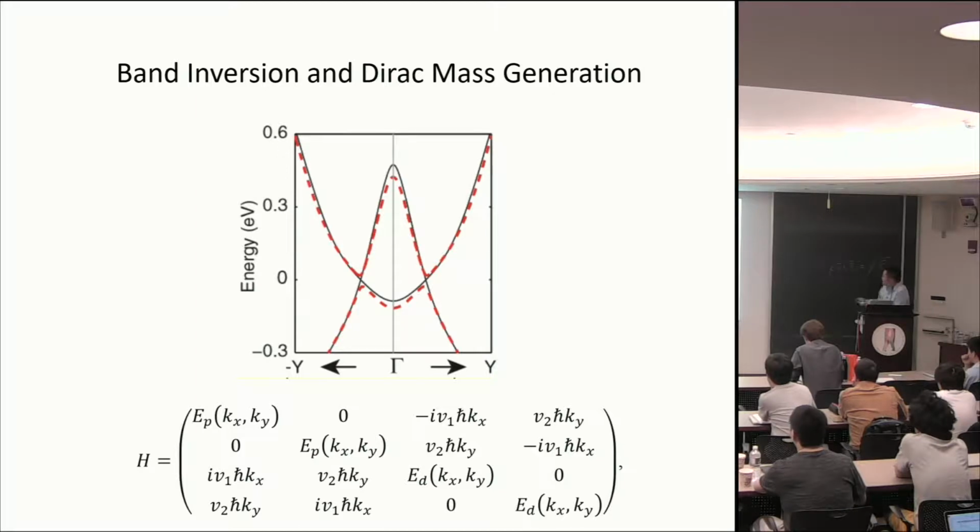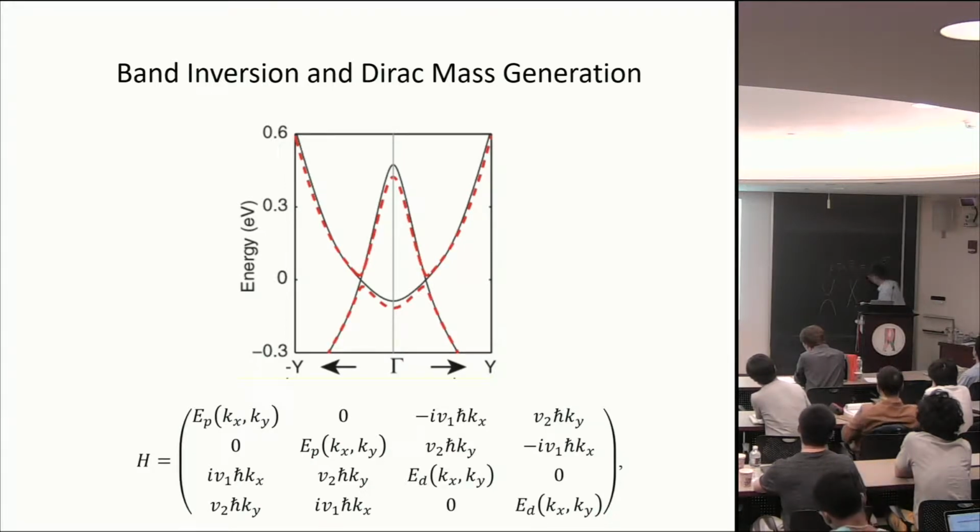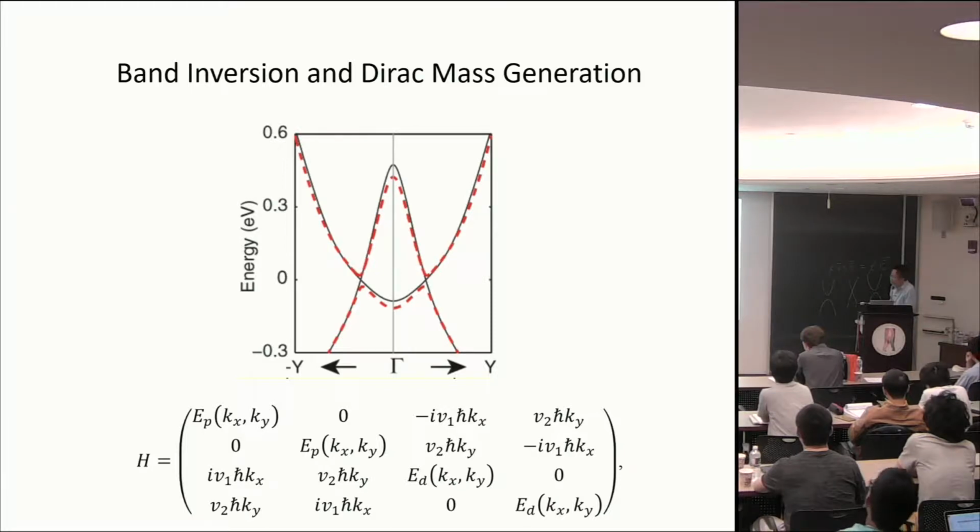So this is also a good example to connect 2 scenarios, let's say 2 mechanisms for generating a TI. In mercury telluride systems, the system is close to band inversion. So we have 2 parabolic bands. They touch each other under some changing parameter, and then they open up a gap. So in these systems, all the physics happens right near the gamma point.